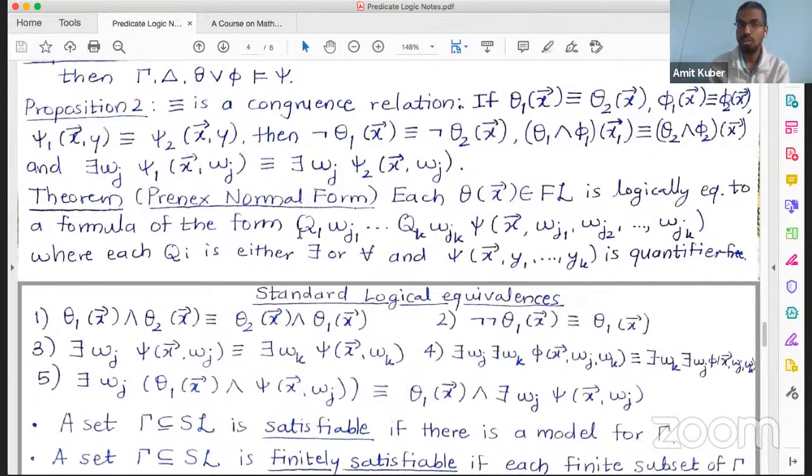But you shouldn't expect that all of them will be existential. There could be existential quantifiers or universal quantifiers; both are allowed in any order here. Any questions about this standard stuff? This is quite easy.